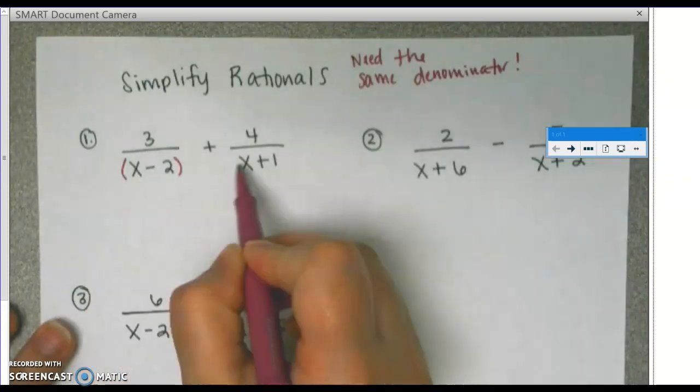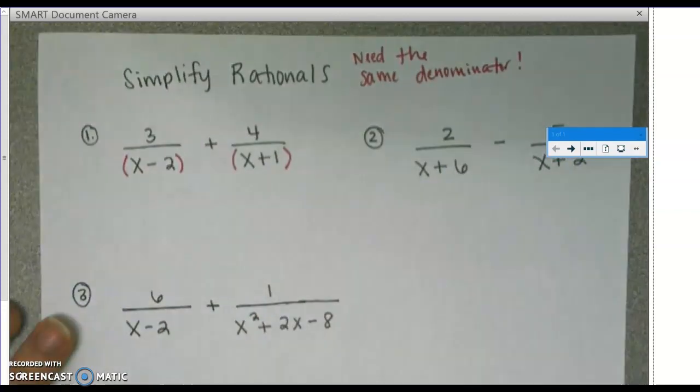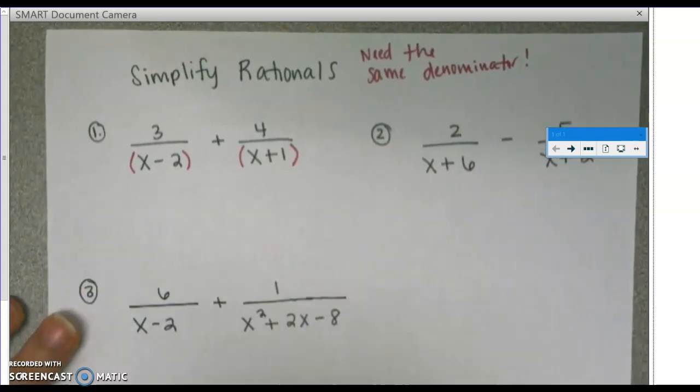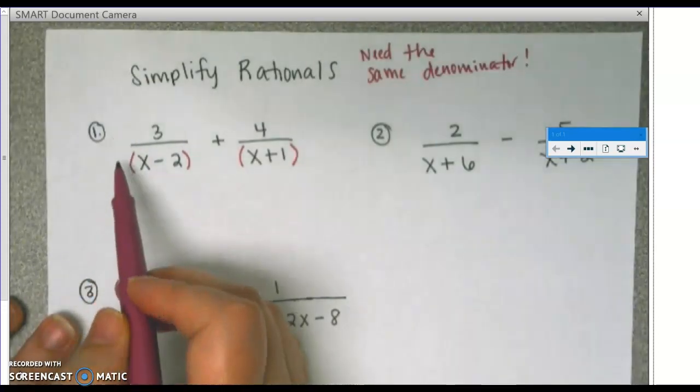One thing to keep in mind is whether or not your denominators are already in factored form or if we need to factor them. In this example, my denominators are linear, so that's as small as they're ever going to get. So the easiest way to get the same denominator is just to multiply by the other denominator, basically.